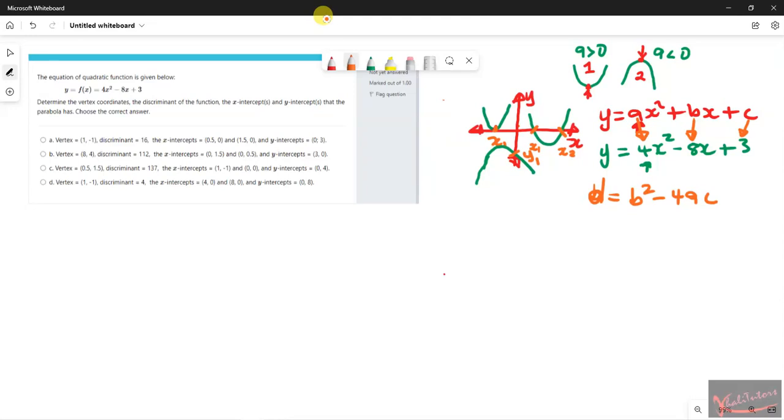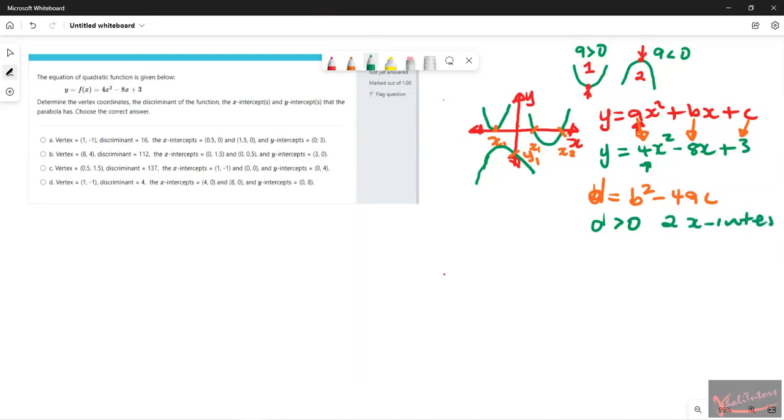Say this is the equation to determine your discriminant. So you're using the discriminant to determine the number of x-intercepts. Please take note of this. You're only using the discriminant to find out the number of x-intercepts of a particular graph. So if the discriminant is greater than 0, that means the graph has two x-intercepts.